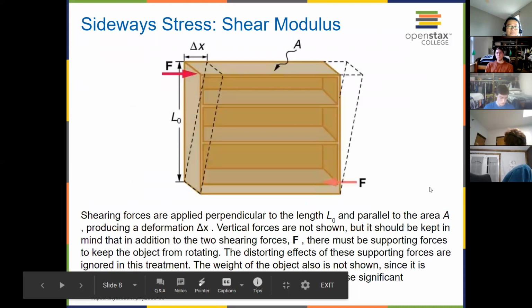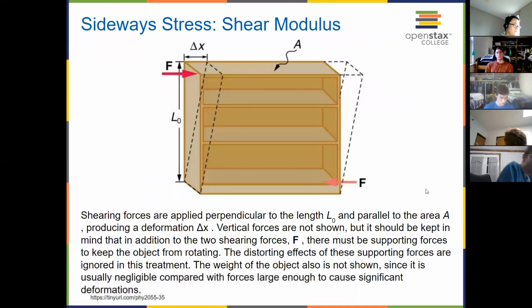So that's when you apply force in one dimension to the material, and you can also apply force sideways to a structure. For example, if you're applying the force sideways, then the sideways stress is related to the shear modulus, and you will have deformation sideways.